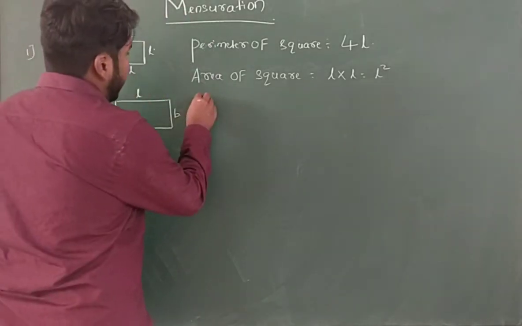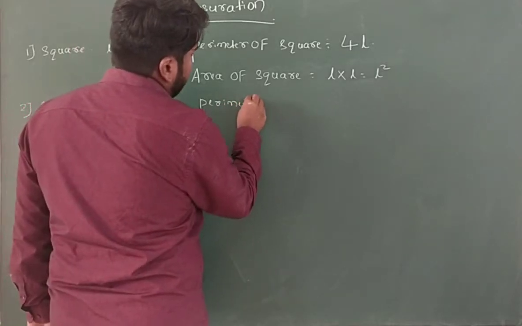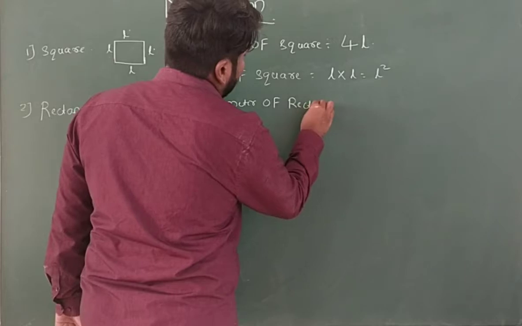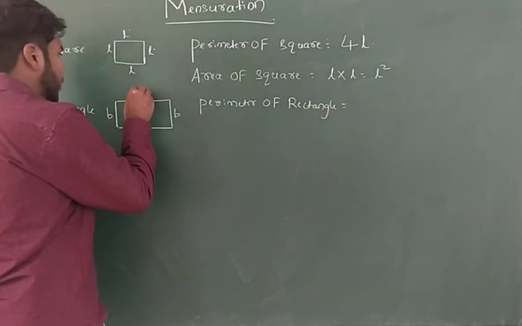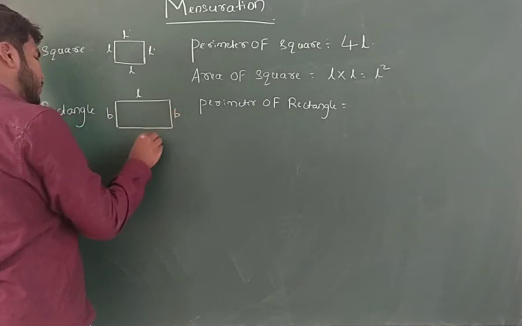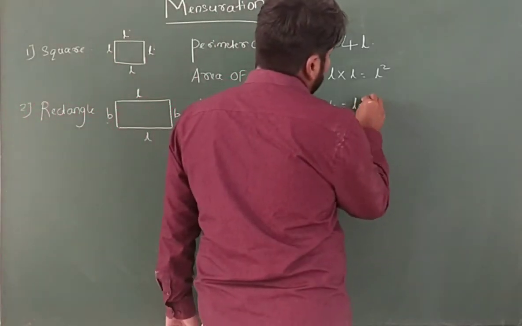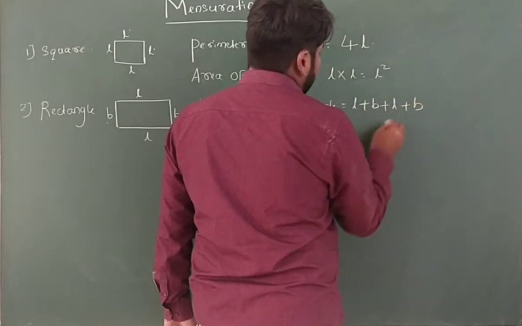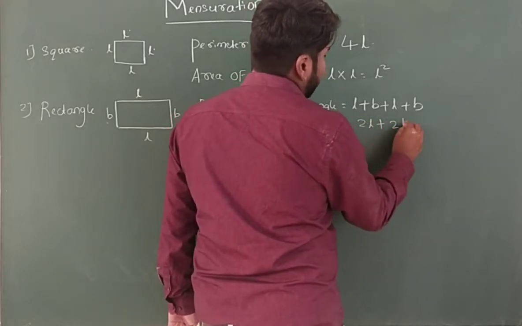See here what we can write. The perimeter of a rectangle is L plus B plus L plus B. L plus L is 2L, B plus B is 2B.